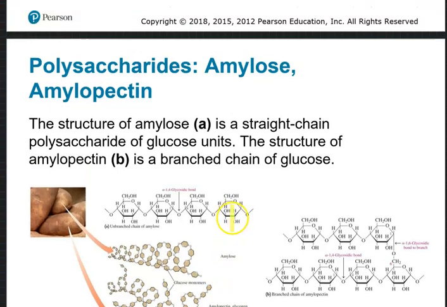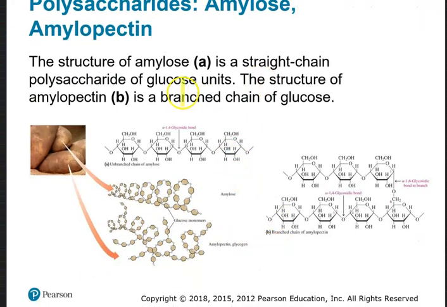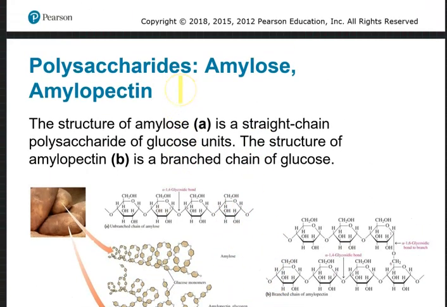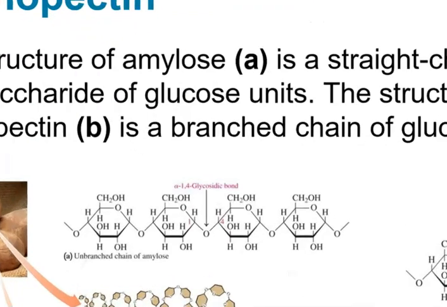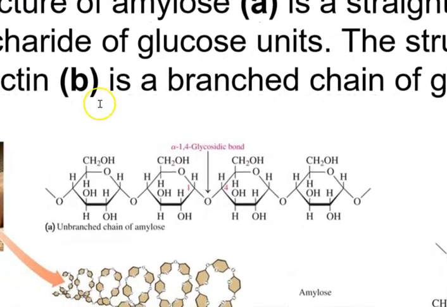Okay? So, first, starch. You can see that in the molecule of starch, individual glucose residues are connected by alpha-1,4 glycosidic bond. And when these chains of glucose molecules do not have branches, we call it amylose.